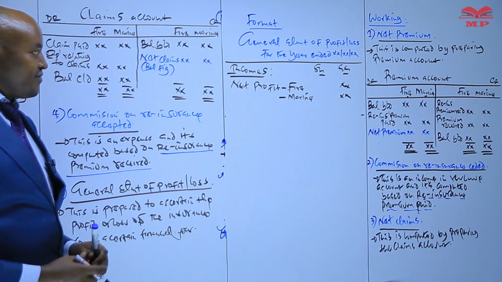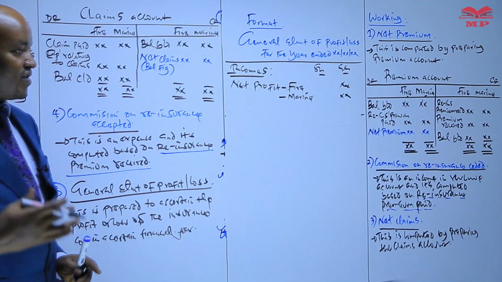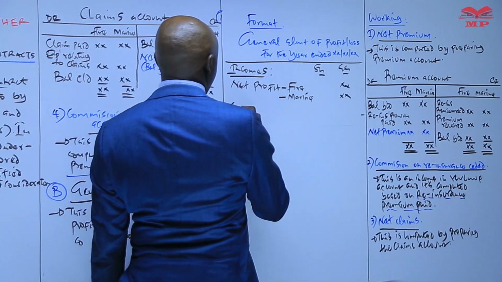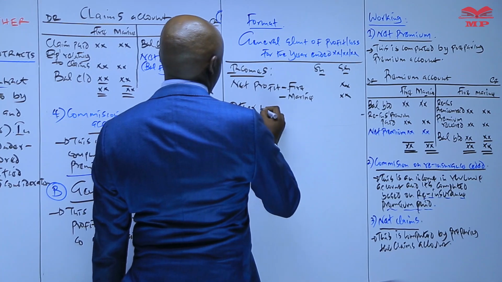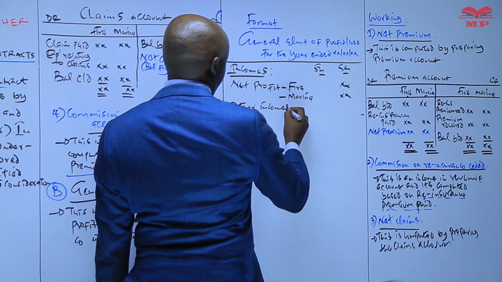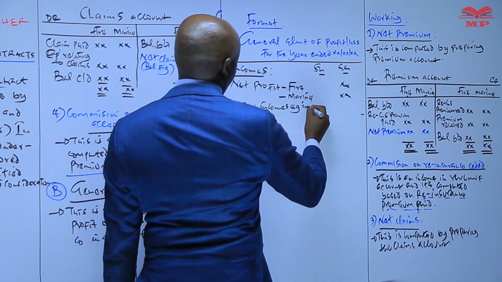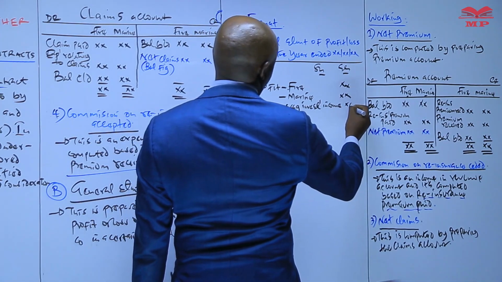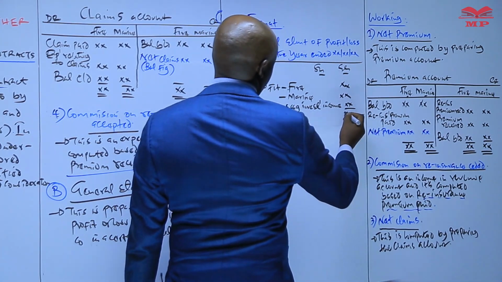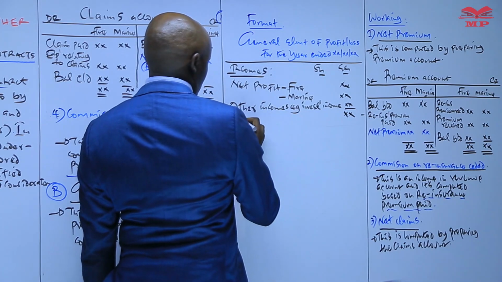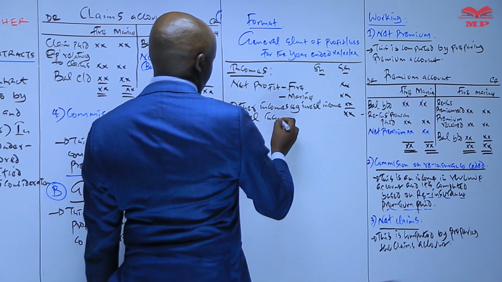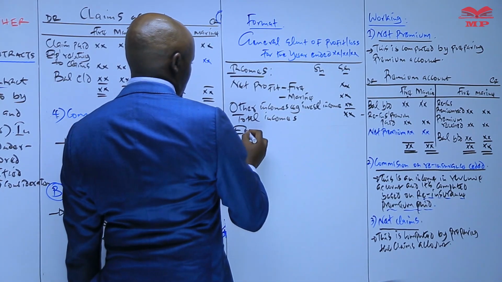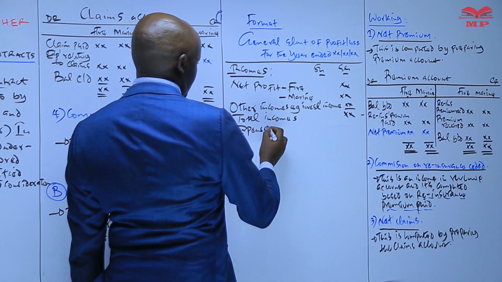So after preparing the revenue account, you get the profit from each insurance business. You bring it here as the first source of income, and then to that you add other incomes of the insurance company, e.g. investment income, etc. So add all those incomes and get the total incomes, and then you proceed to deduct the expenses.